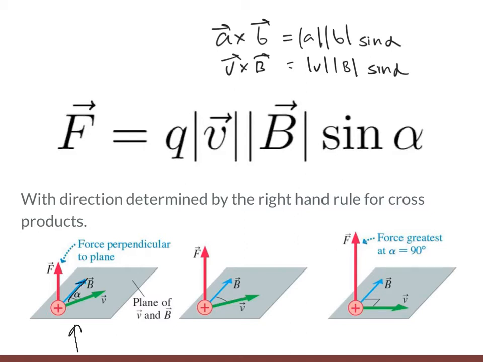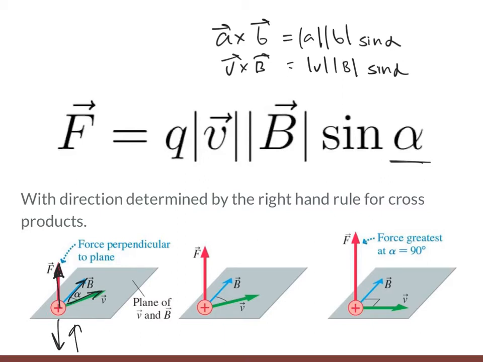You've got two vectors, field and velocity, lying flat on a plane with an angle alpha between them, and the force is perpendicular to that plane. Now, you may know or may notice that there would be two vectors that are perpendicular to that plane, one going up and one going down.